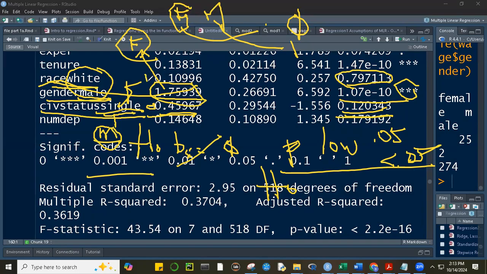Bakit more? Kasi positive to. More than their non-white counterparts. Yung isa kasi nito non-white eh. White at saka non-white. Okay? $0.11, rinound off ko lang, more than their non-white counterparts, ceteris paribus. Okay? Ceteris paribus. So, ganun class yung pag-interpret nitong mga variables ito.